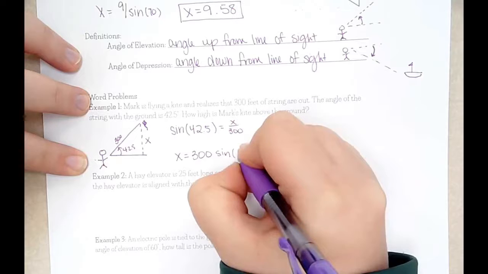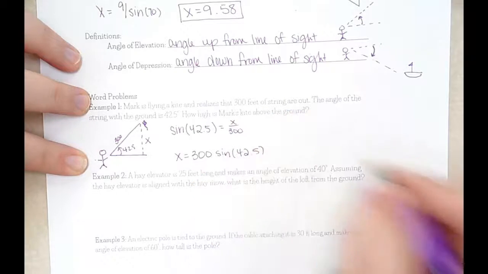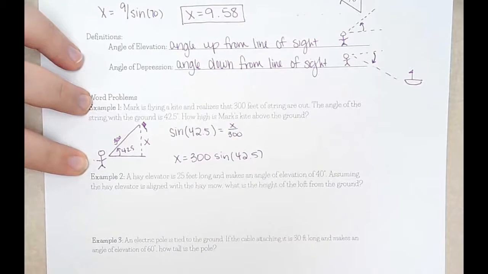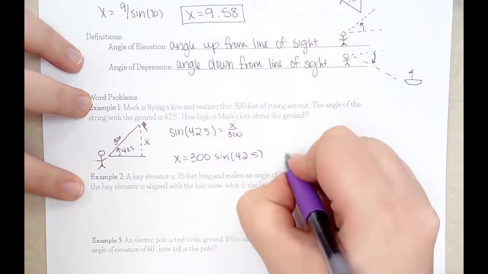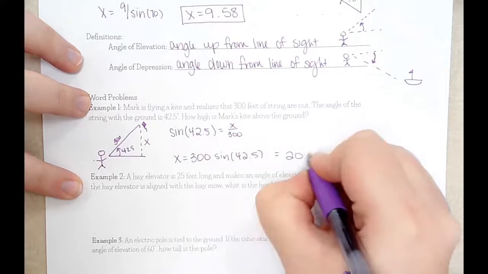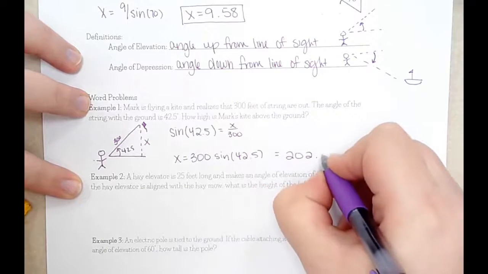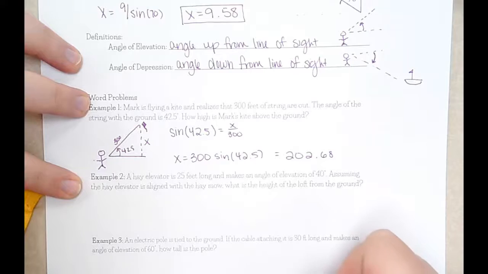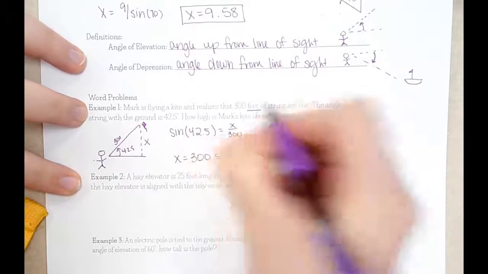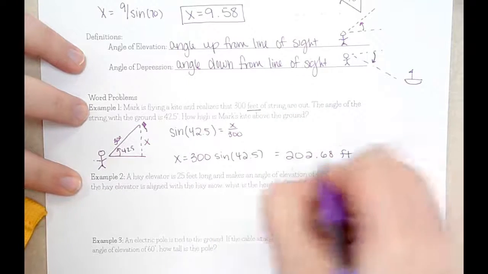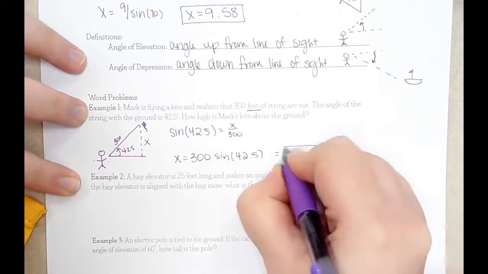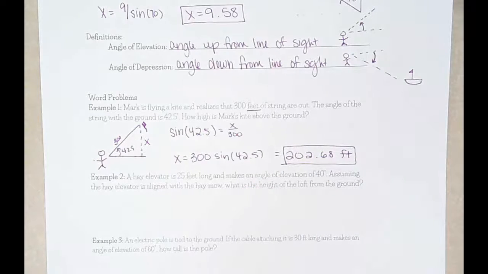Throw that in the calculator. It's going to be about 202.678. For this one we do get a label, it's a unit. So my final answer is 202.68 feet, rounding to 2 decimal places like we're used to.